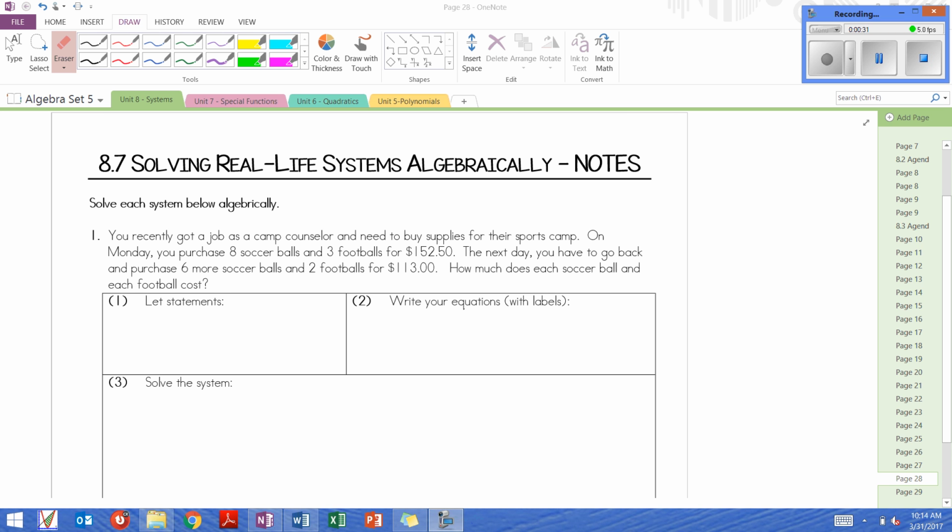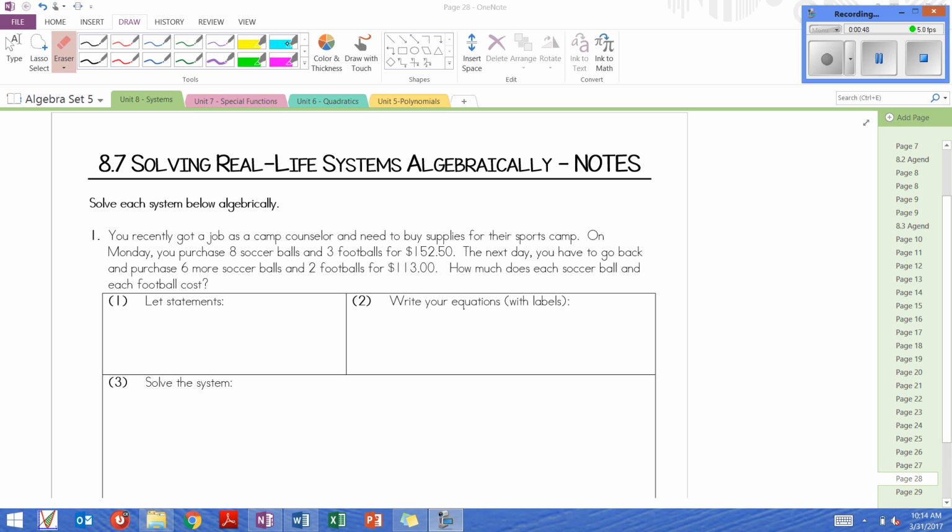So we're really going to focus on making sure the question is set up first, and then continuing on with coming up with equations and then solving the system, and making sure that the answers, of course, make sense.